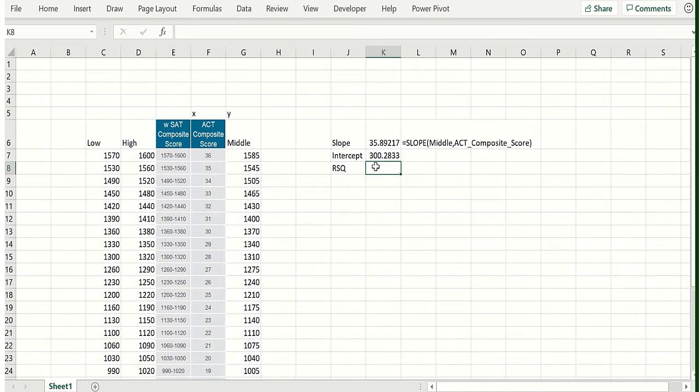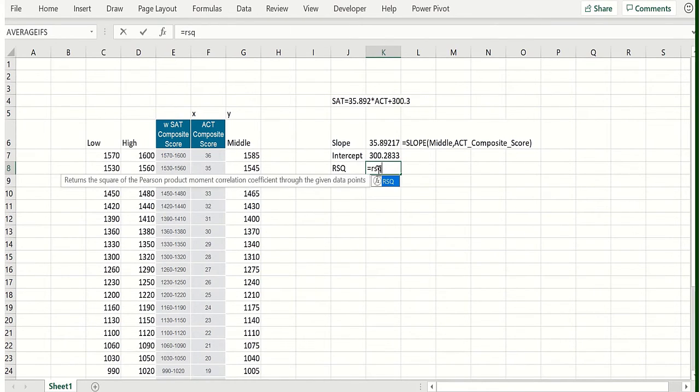And then we want to know the r-squared there. So what we've got is SAT equivalent equals 35.892 times ACT plus 300.3, whatever. So every extra point on the ACT means about 36 points on the SAT.